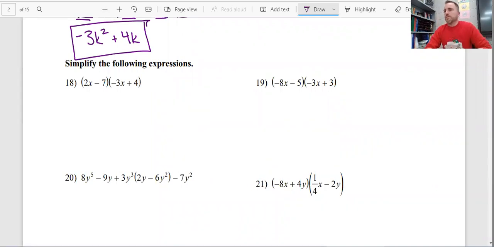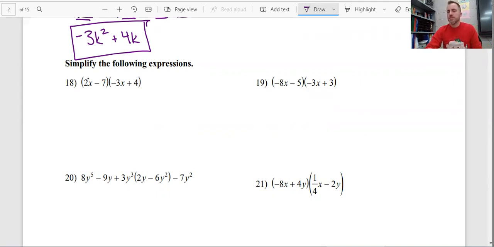Okay, let's do number 18. This is something that I have noticed that we struggle with a lot, but it's really foundational. So two binomials, which means just two terms, are being multiplied to each other. We're doing 2x minus 7, but we're multiplying that whole thing by -3x plus 4.